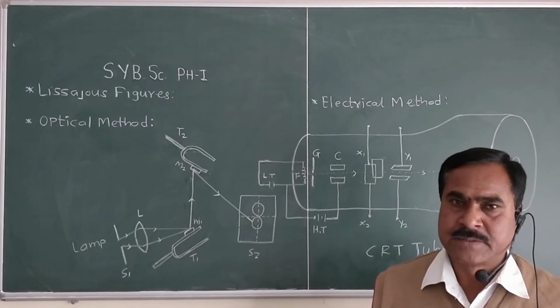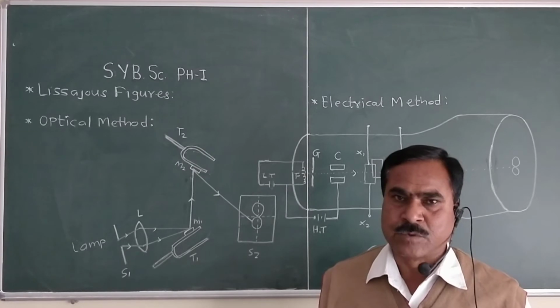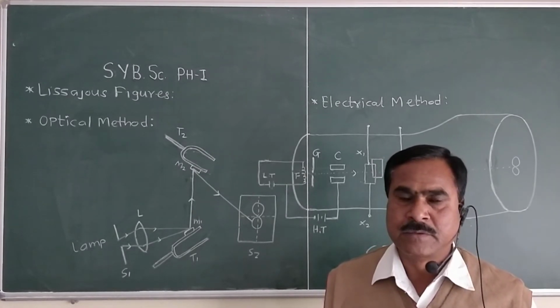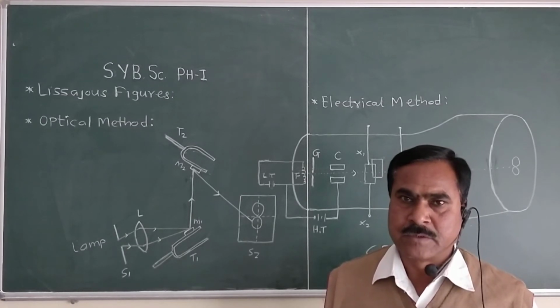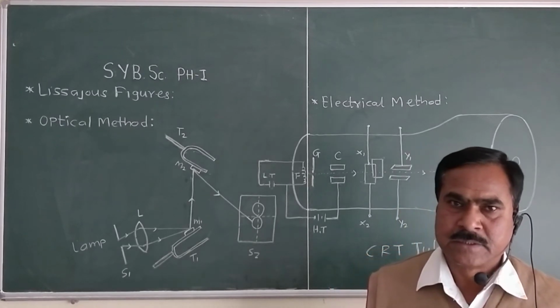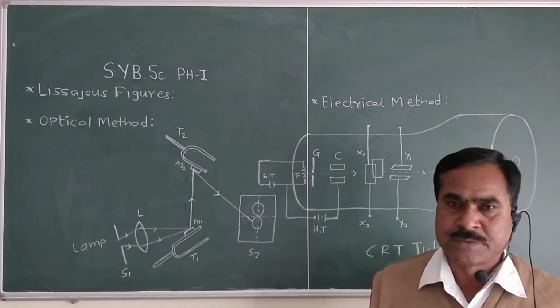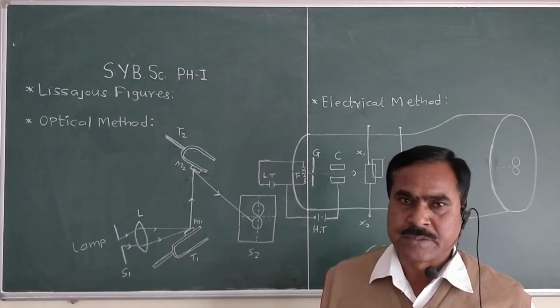So first the particle obeys the oscillation, and the path of that oscillation depends upon the frequencies, amplitudes and phases of the two SHMs. That means first we subject the particle to two SHMs which are mutually perpendicular to each other.